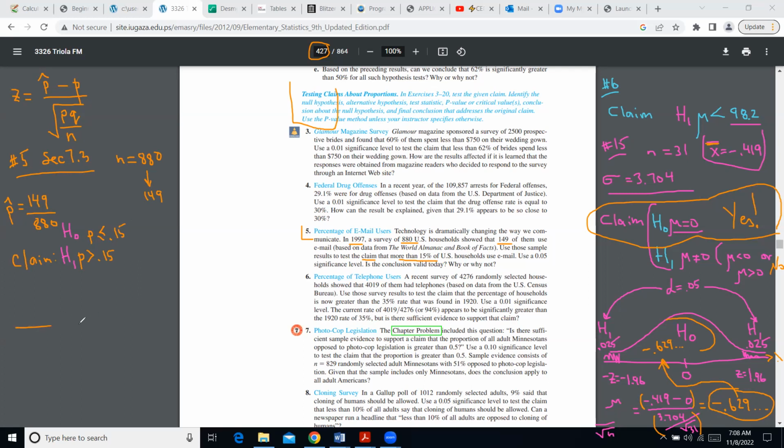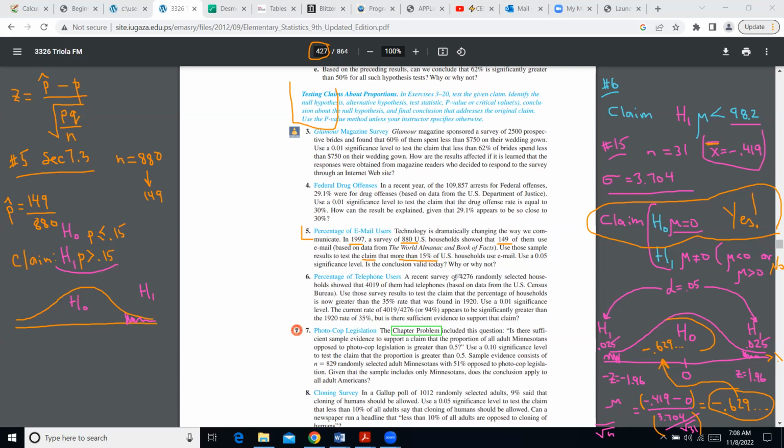And now we have a good start to make a one-sided picture here, because we just care about the greater. So always make a picture of that H1 first. So greater is someplace here on the right side. So this is the region that corresponds to my H1, and the rest is H0.